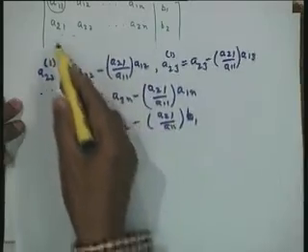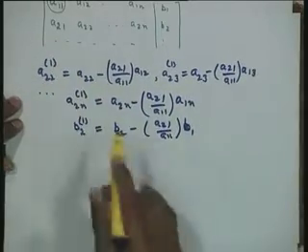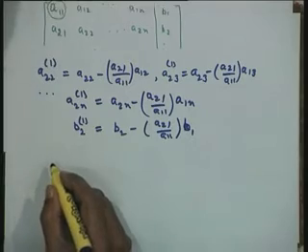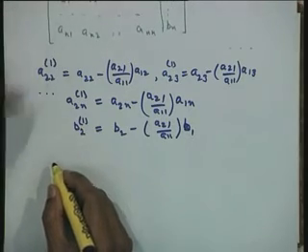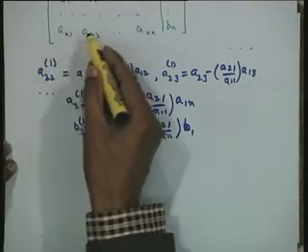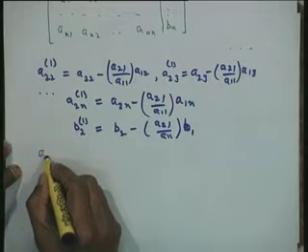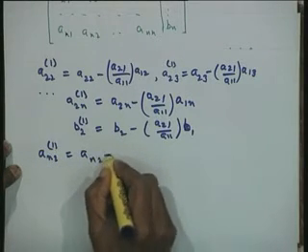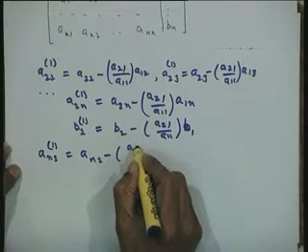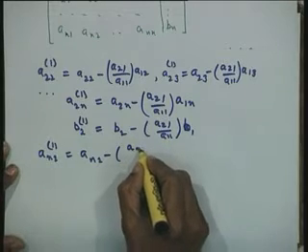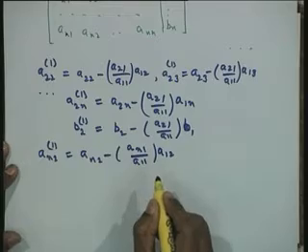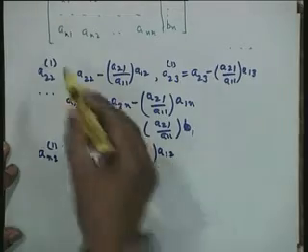Now we proceed on this particular elementary row operation procedure until the last. If I go to the last row, the last entry will now become 0, and this will become An2 minus An1 upon A11 into A12.